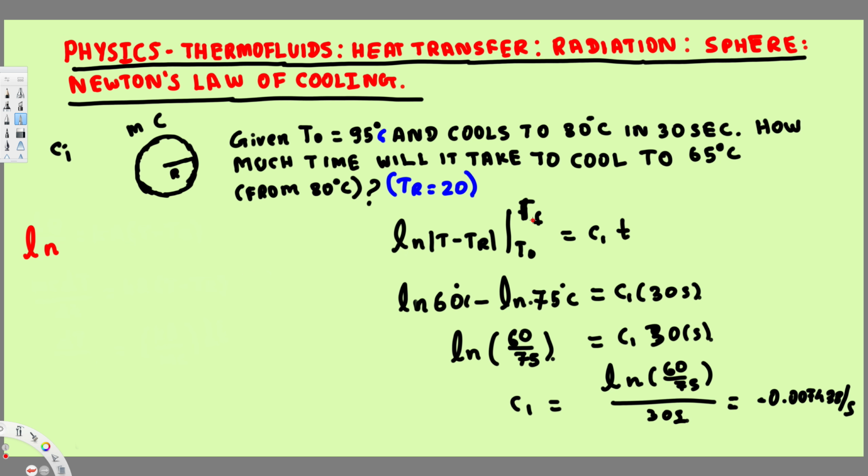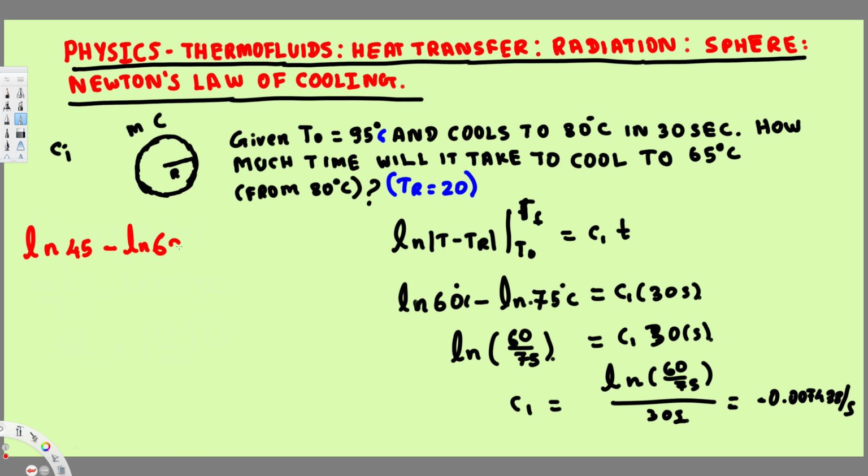Now, in this case, the final temperature is going to be 65 degrees Celsius, right? Because it's going from 80 degrees Celsius to 65 degrees Celsius. So final is going to be 65 right here. So 65 minus 20, that's going to be 45. So this is going to be 45 minus ln, then initial is 80, so 80 minus 20 is going to be 60.